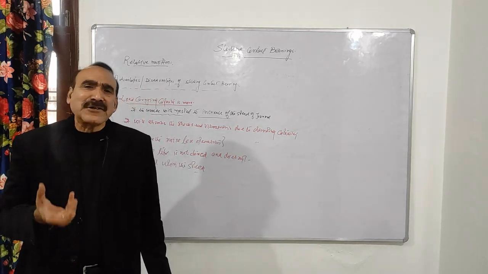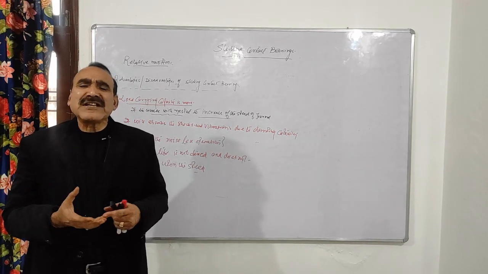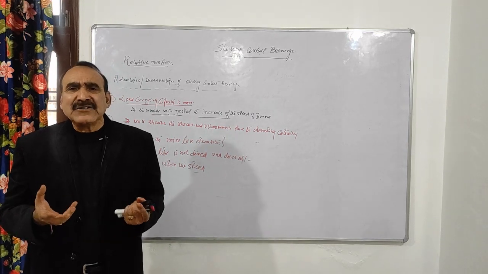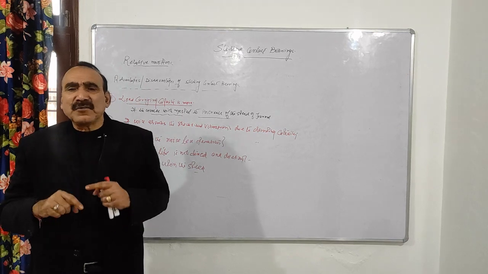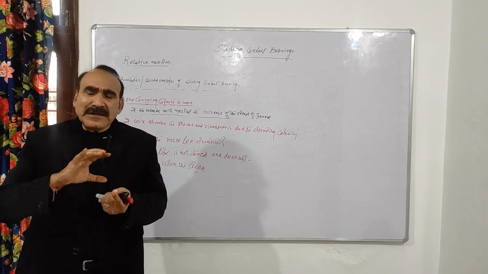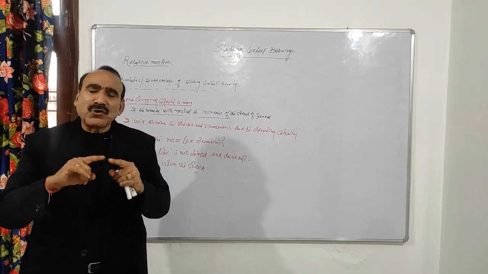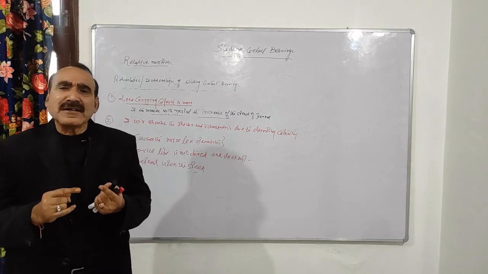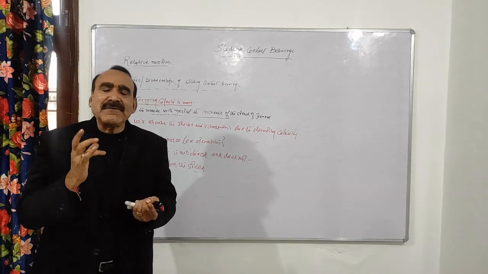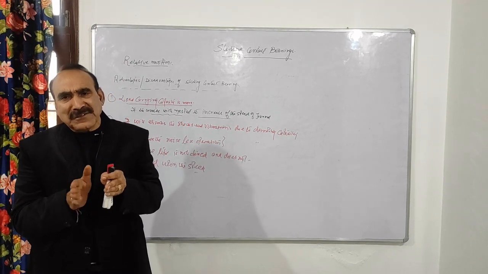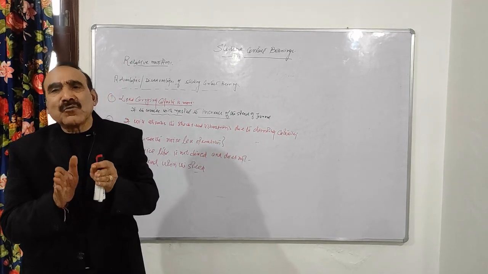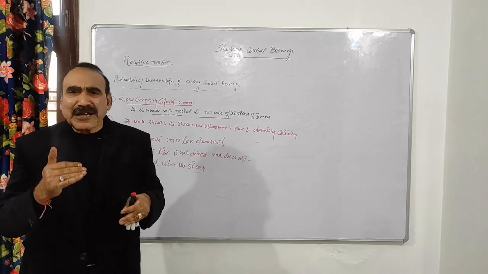So there is no metal to metal contact here. When there is no metal to metal contact, it means there is no rubbing of the metals, there is no noise at all, because the journal is rotating and in between the relative surfaces there is a thick film of lubrication, and the journal is rotating in that.